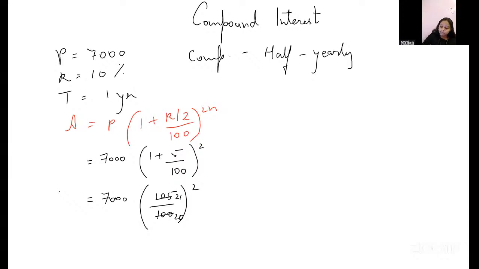Now expand. 7,000 into 21 by 20 into 21 by 20. Now multiply them and find the amount.